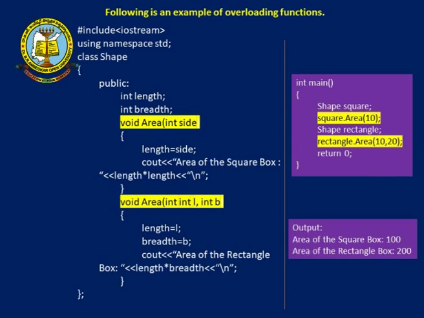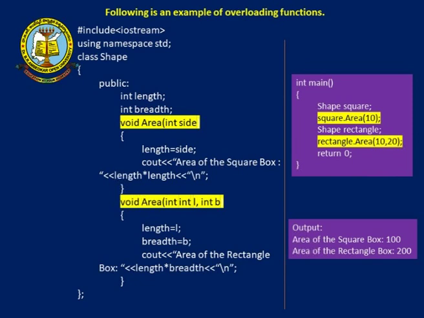Because it has an exact match with the first version, the square object will be automatically linked to the member function area with a single argument. So it will invoke the first area function, and this 10 is copied into side, and it will find the area of the square box. It will print the output: area of the square box is 100.